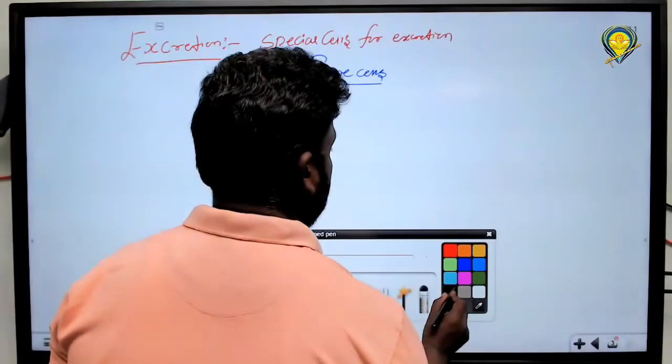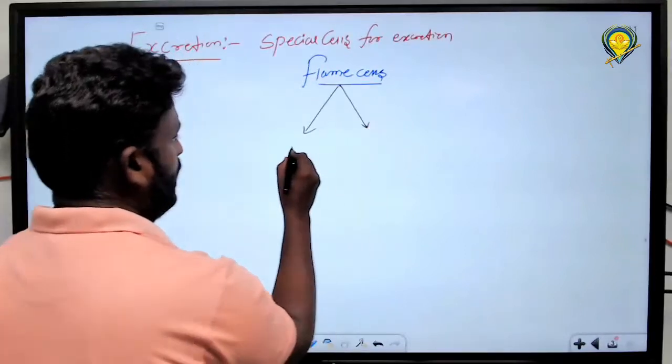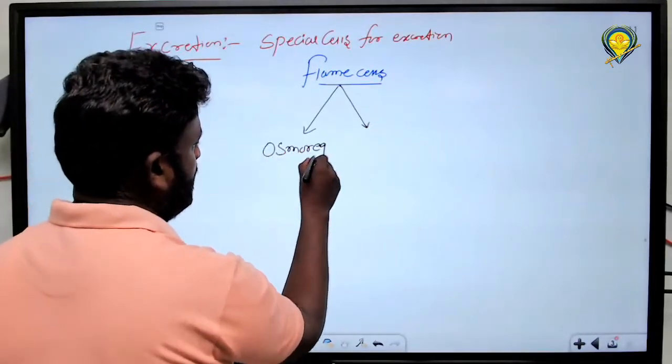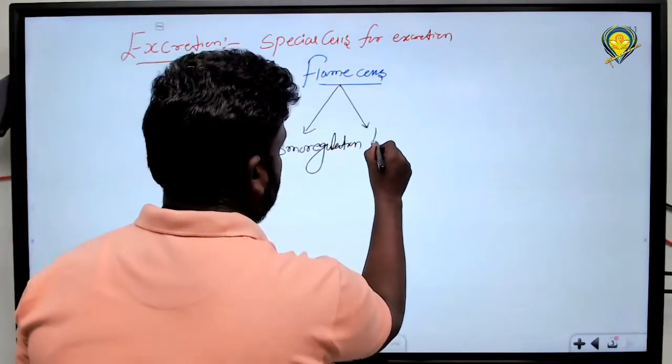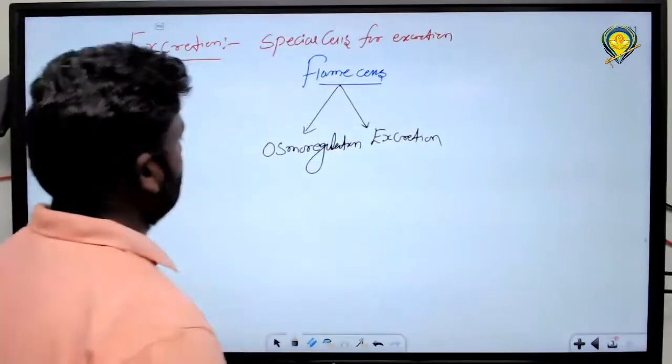So flame cells are primarily involved in what? Osmoregulation or excretion? Osmoregulation. And secondarily involved in excretion, right?